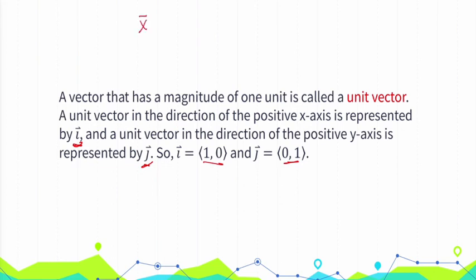So if x is some vector, let's use <3, 5> again, we could also write that as 3 times the i vector plus 5 times the j vector, because i is 1 unit in the x direction and j is 1 unit in the y direction. So we can represent any vector as a sum of unit vectors.